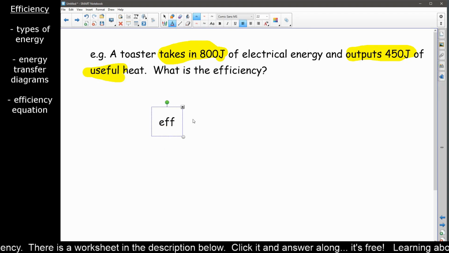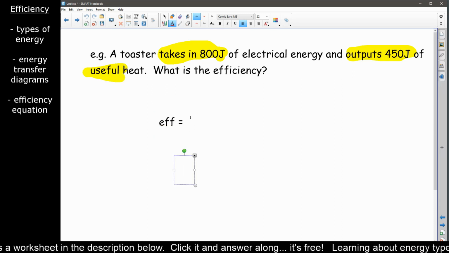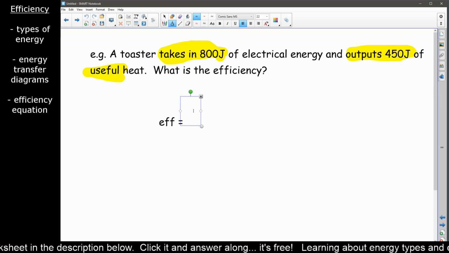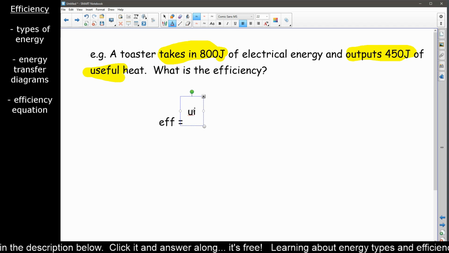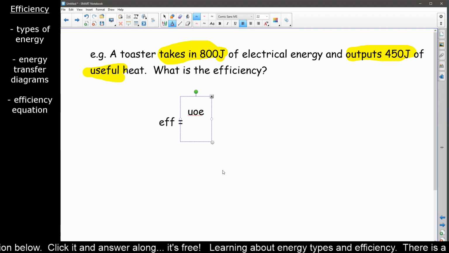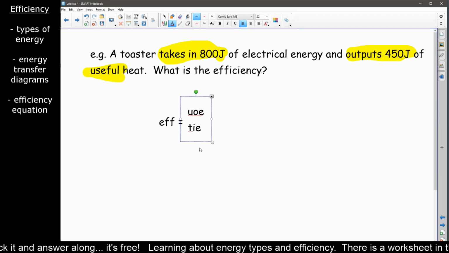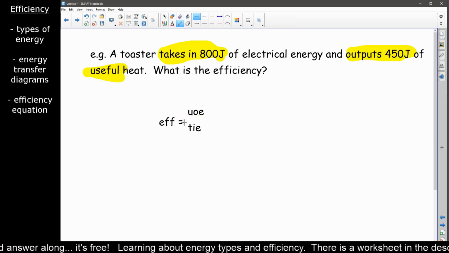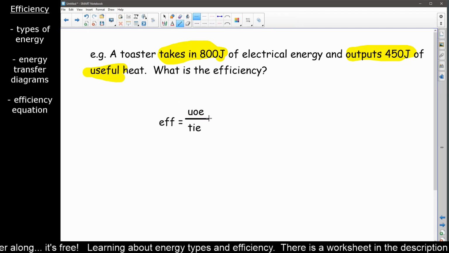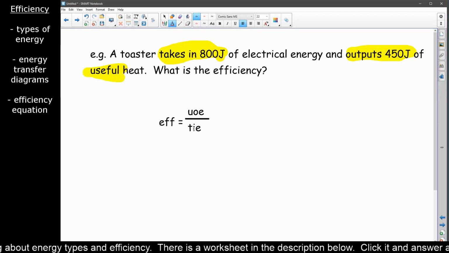Efficiency equals useful output energy, UOE, divided by total input energy. All the vowels go on the top line and then your tie goes in the bottom. So useful output energy divided by total input energy.